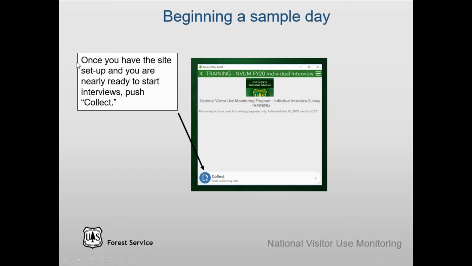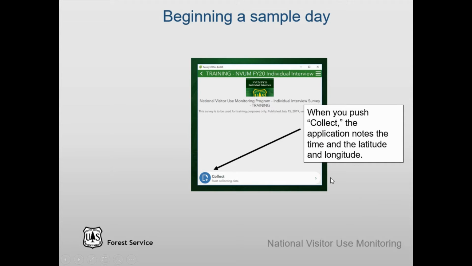Once you have the proper survey open and you're ready to start collecting data, you're going to push the Collect Data blue button right down here in the left corner. Once you push collect, it is going to remember the time and your GPS coordinates at that time.